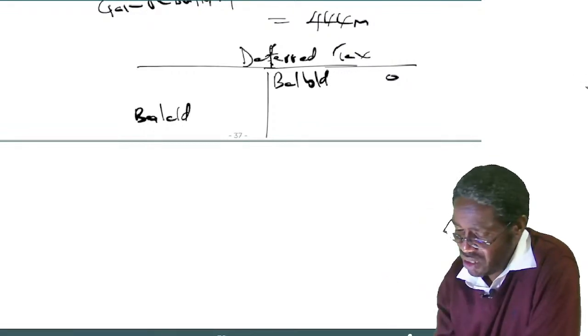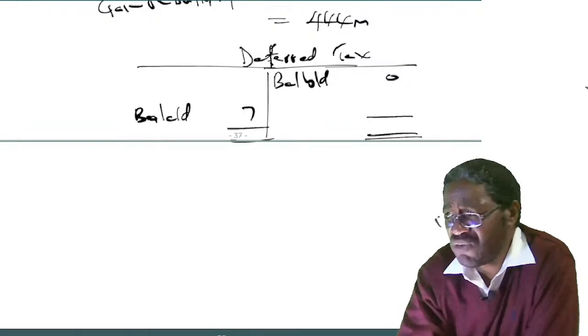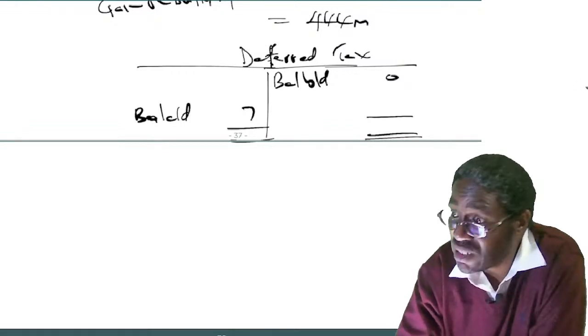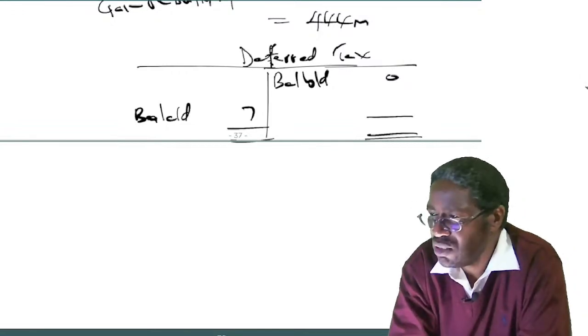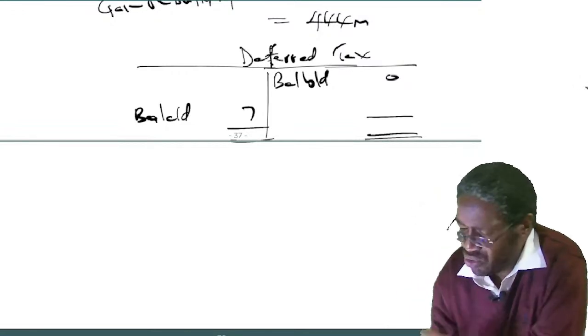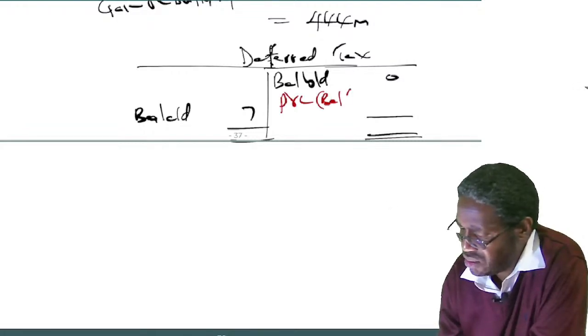So we say here, balance carry down, 7 million. Then I told you, the balancing figure is what you take to the P&L account. In this case, the balancing figure is on this side and it is the same, 7 million.